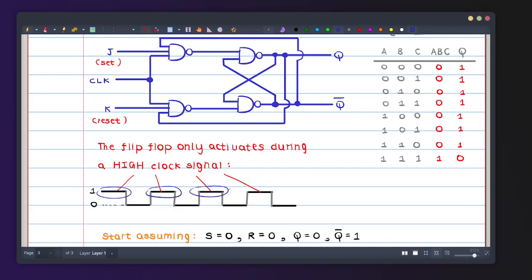So only in these portions where there are ones, the clock signal would propagate through and would result in changes in the JK flip-flop. In every other occasion, that is when the clock signal is 0, no matter what changes we make to the JK flip-flop, those changes won't persist. Those changes will only propagate when the clock signal is high, when it is 1.